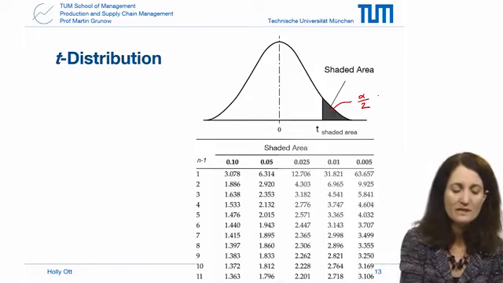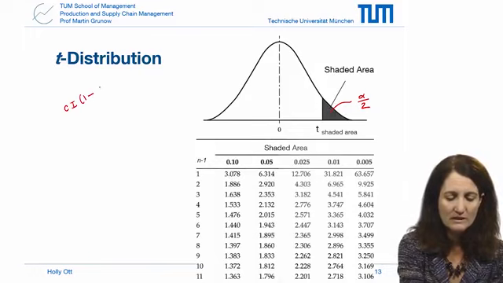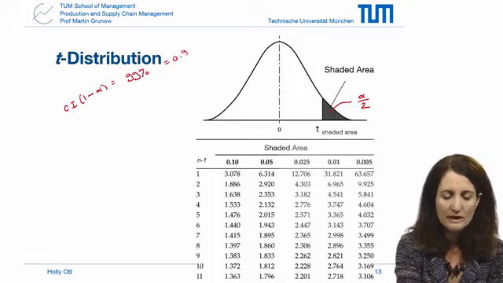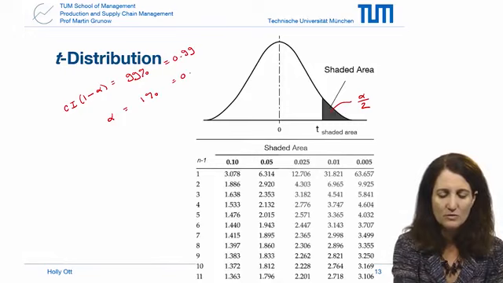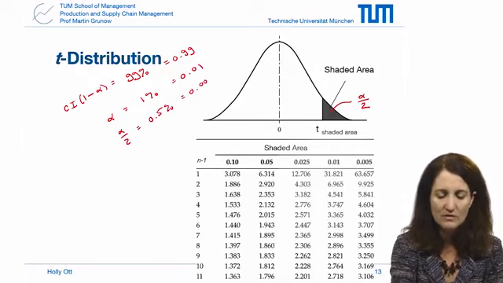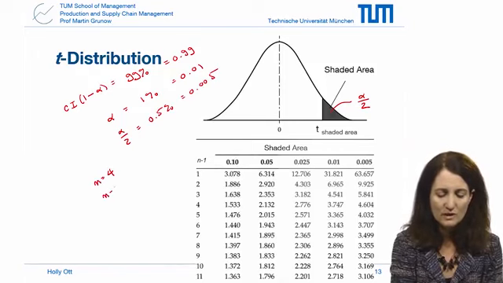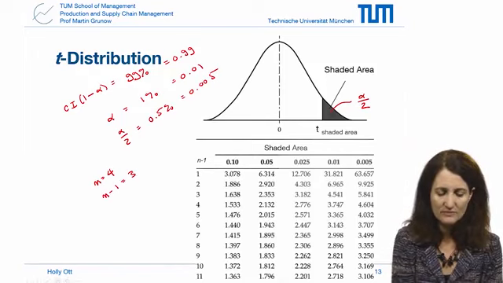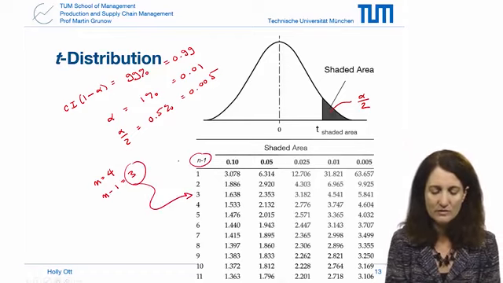So, for example, if we want a confidence interval of 1 minus alpha equals 99%, or 0.99, this means alpha is going to be 1%. It's equal to 0.01. Alpha over 2 is going to be equal to 0.5% or 0.005. And let's say we have a sample size of 4, which means our degrees of freedom is equal to 3. So we look on our table for the degrees of freedom equal to 3.